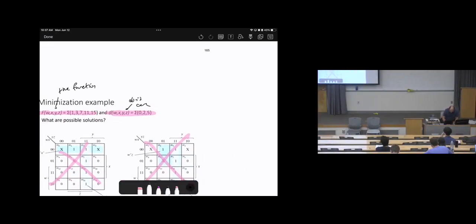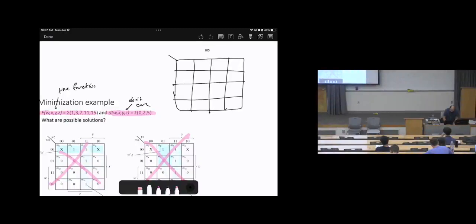So let me draw the Karnaugh map. 4 rows, 4 columns. Here is CD, here is AB, in Gray code: 00, 01, 11, 10.